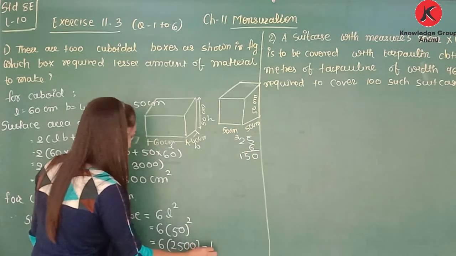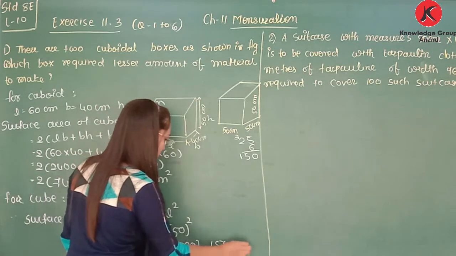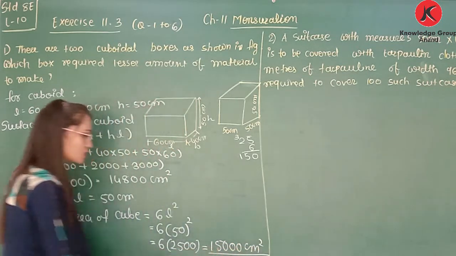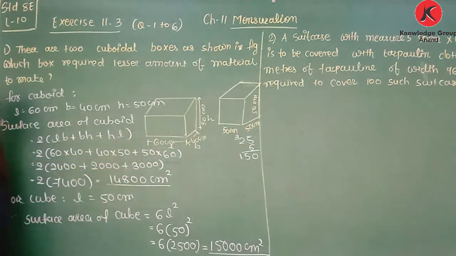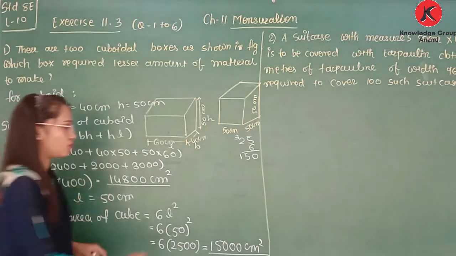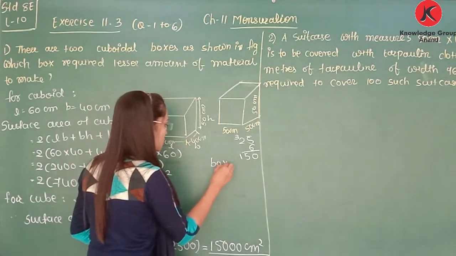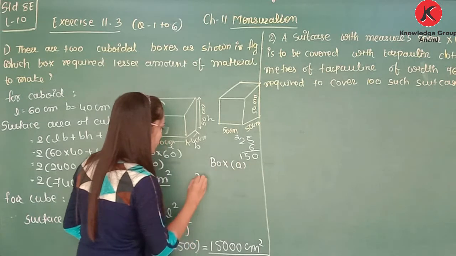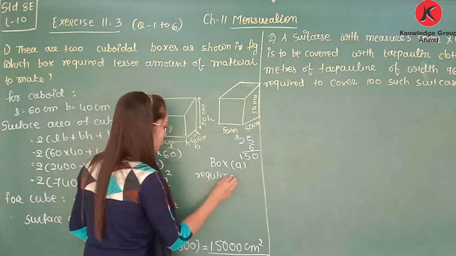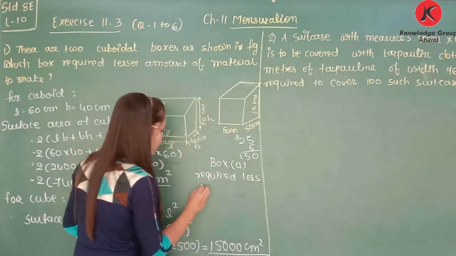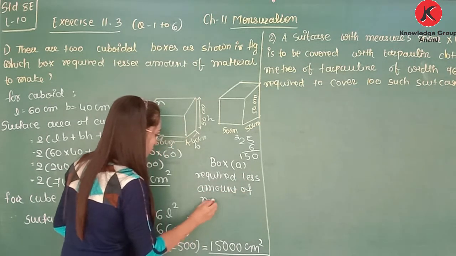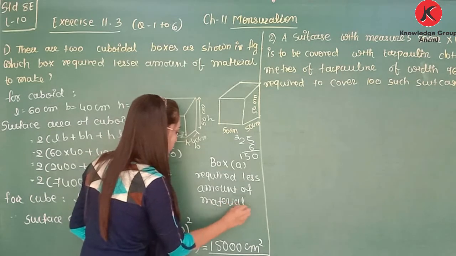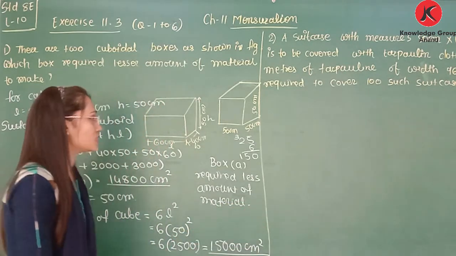So that is 15000 centimeter square. This is the surface area of the second box and this is the surface area of the first box. So which box requires less amount of material? Box A. So we can write here, box A requires less amount of material to make. Clear? Now next one.